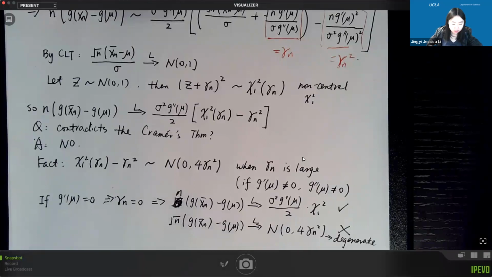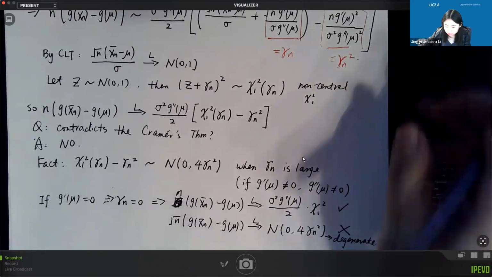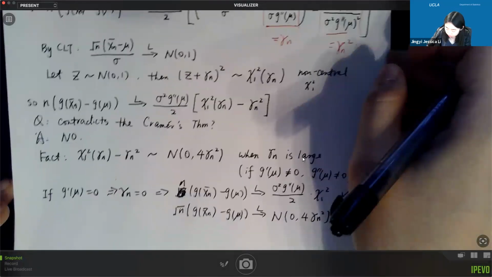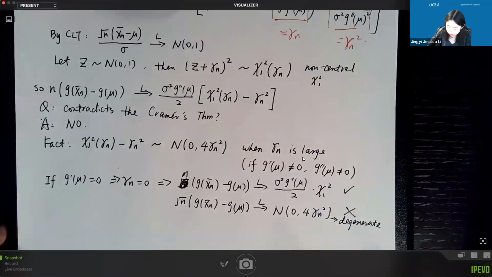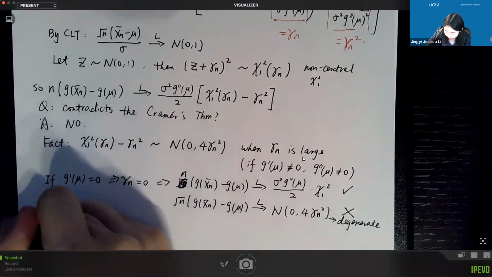Okay, so let's continue. We're going to discuss a very, very important application of Cramer's Theorem and the functions of sample moments. So here we're going to discuss the asymptotic distribution of the sample Pearson correlation.